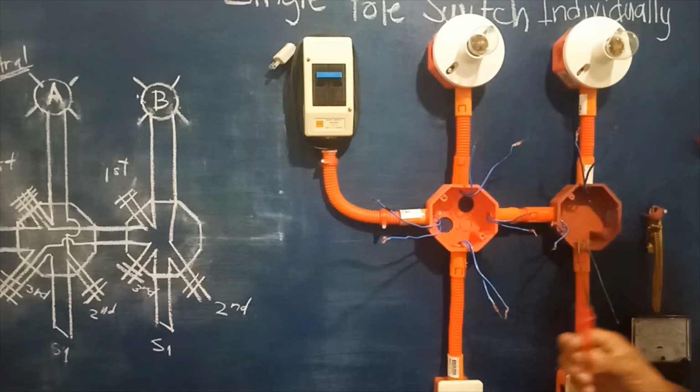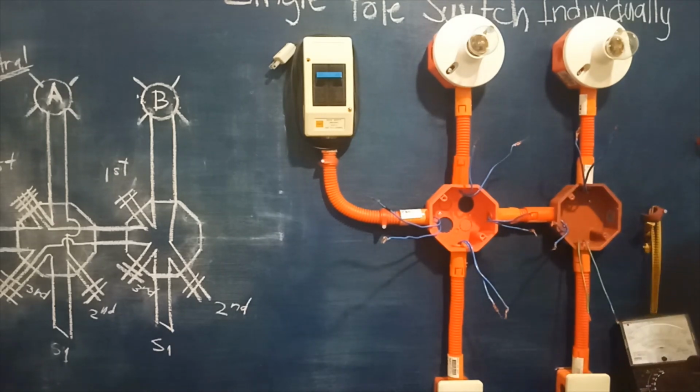Okay, so using our multi-tester here, we will set the multi-tester to resistance reading only. This one. With the continuity testing using the buzzer. Right? So we will find first which of the wires coming from the load is intended for the neutral connection.